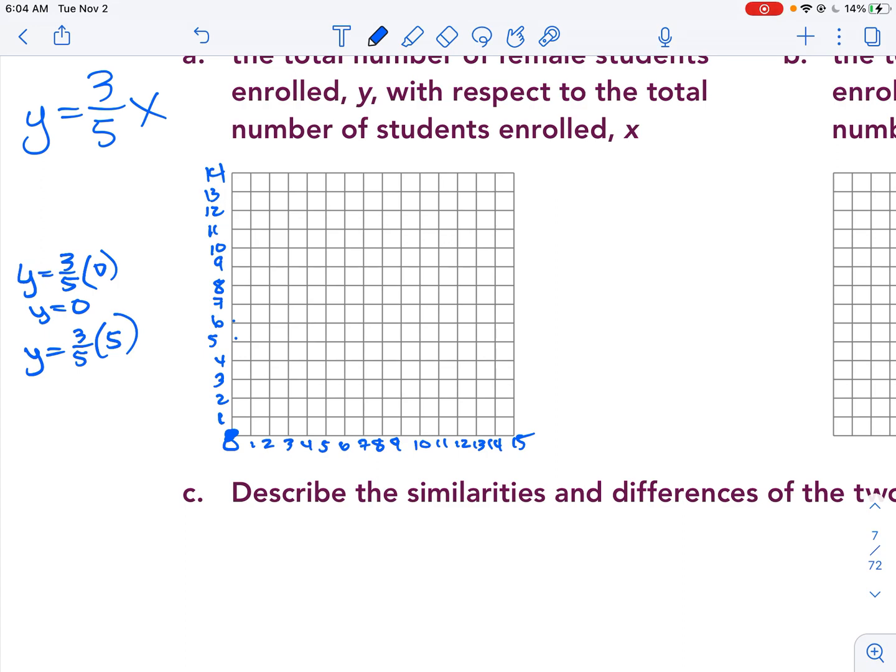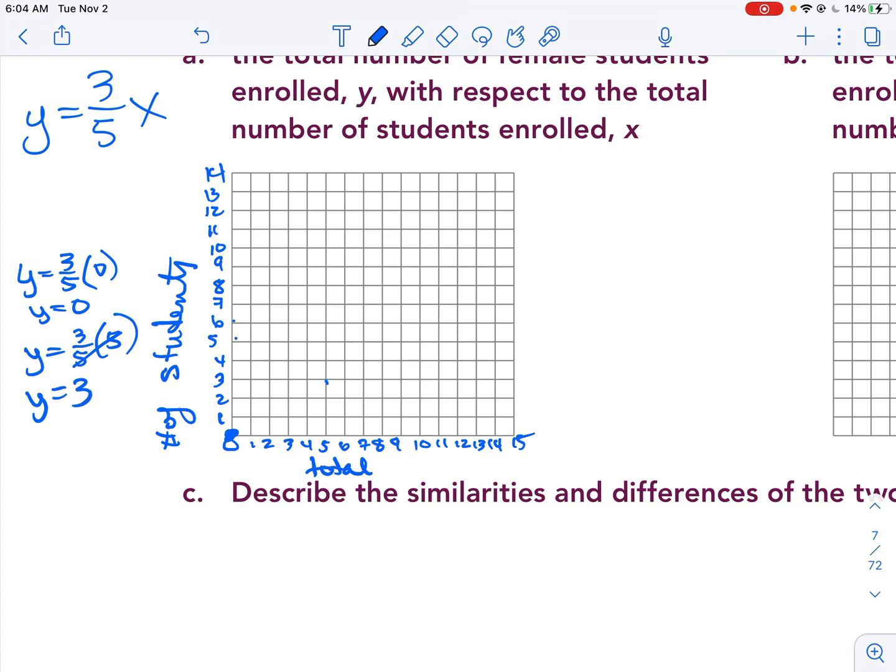Oh, sorry, this is total students, this is number of students. So if I picked 5, these would cancel and I would get y equals 3.